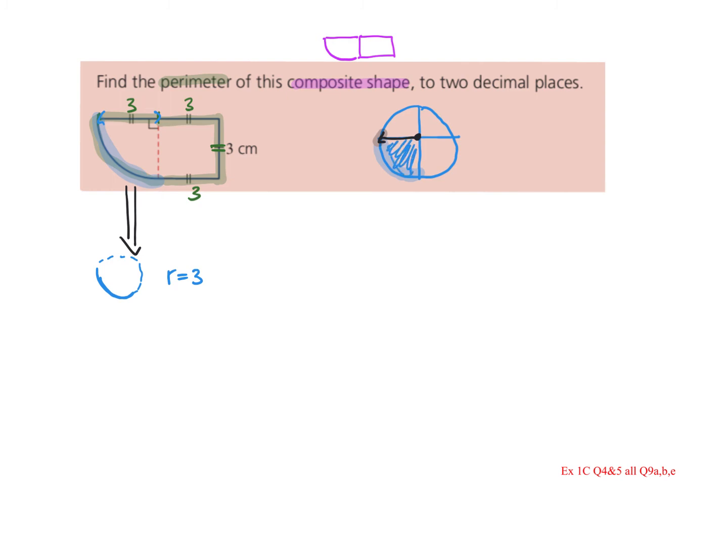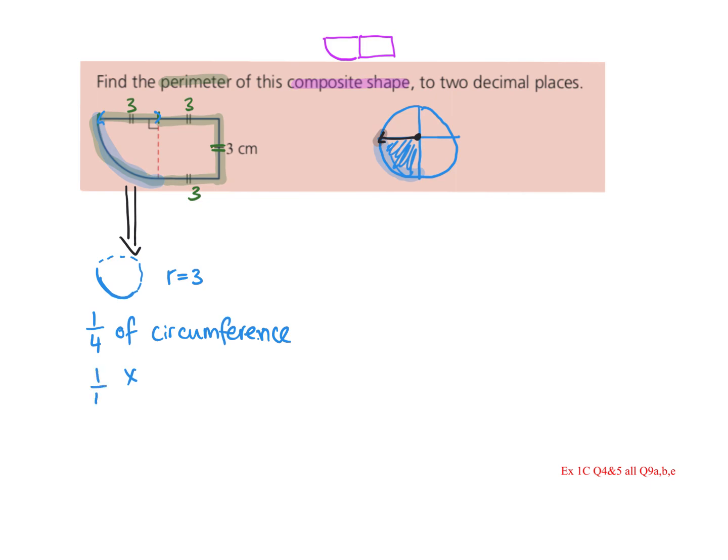Yeah, so if you only want a quarter of the circumference, what you're saying is I want a quarter of the circumference. Okay, so how do I find that? When you have the word of, that actually just means times.